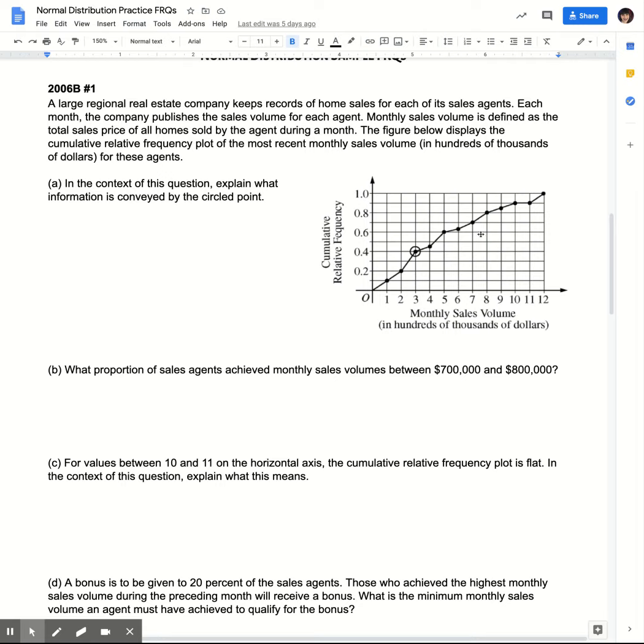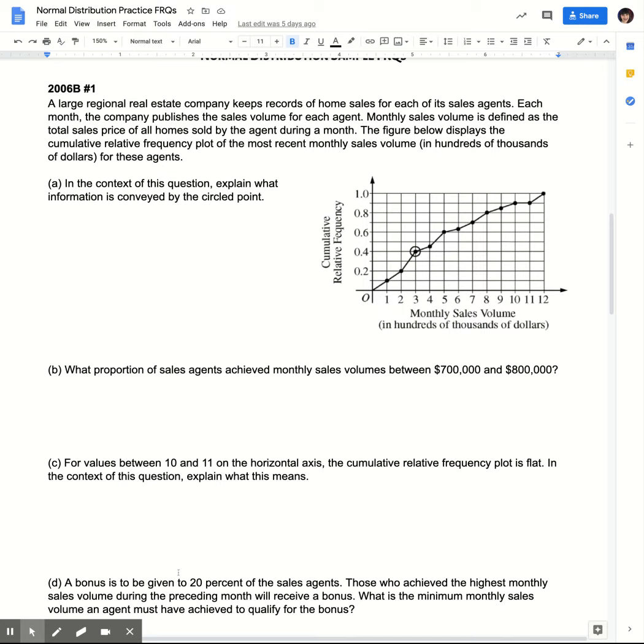Essentially, in this problem we're dealing with a real estate company, and they're tracking all of their agents' sales volume, meaning how much they sold in a month.